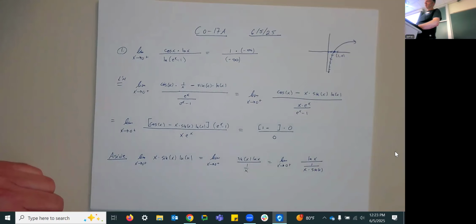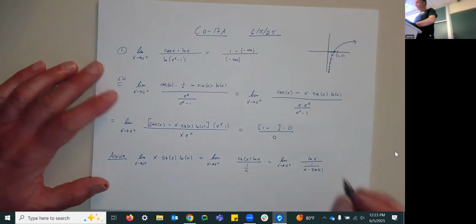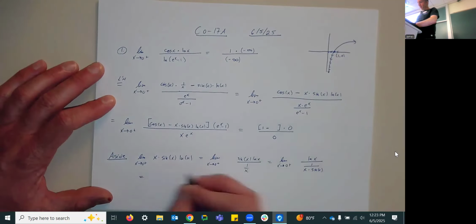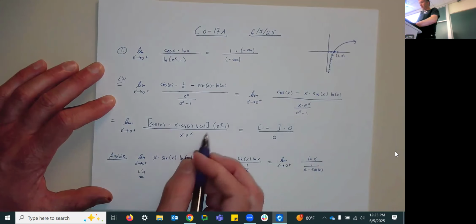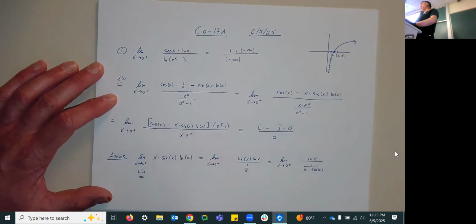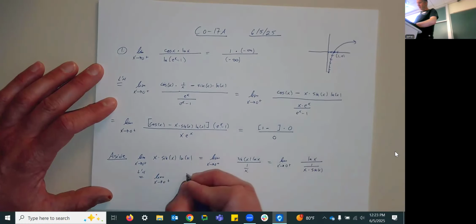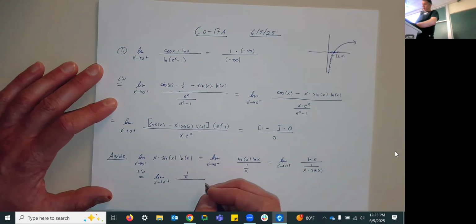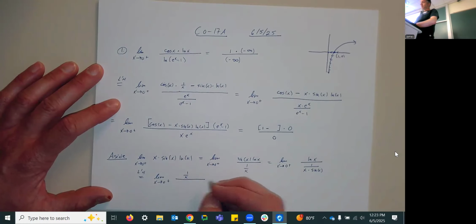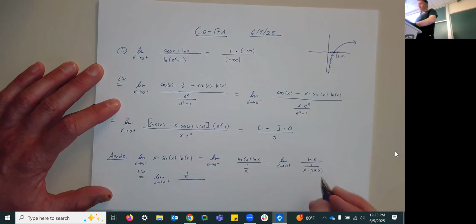I'm really not thrilled. So then we try to use L'Hopital's rule for this limit within the L'Hopital's rule problem, which seems even more bonkers. And we get the limit as x approaches 0 of, okay, the derivative of the top is 1 over x. The derivative of the bottom, I guess we're going to have to use the quotient rule for. Oh, I could be a little bit smarter.